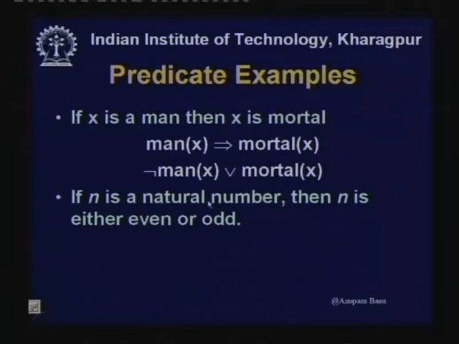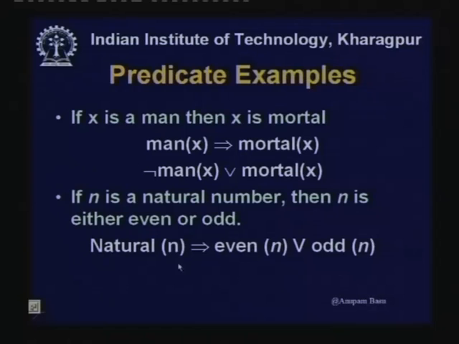If n is a natural number, then n is either even or odd. Just try to do it. If n is a natural number, that means n is a variable that must be a natural number, then n is either even or odd. How do I express it?